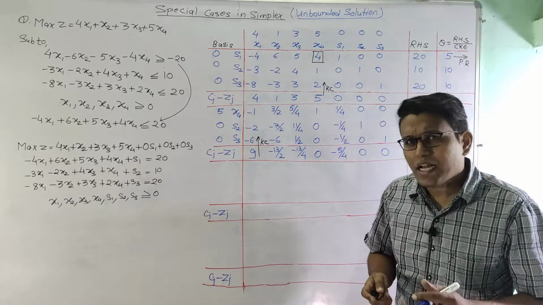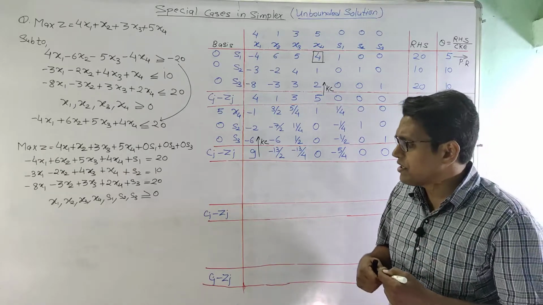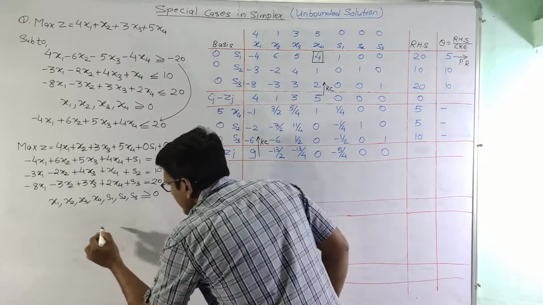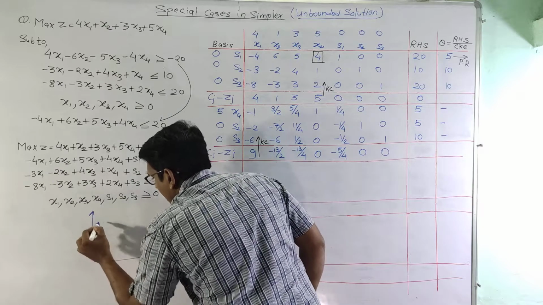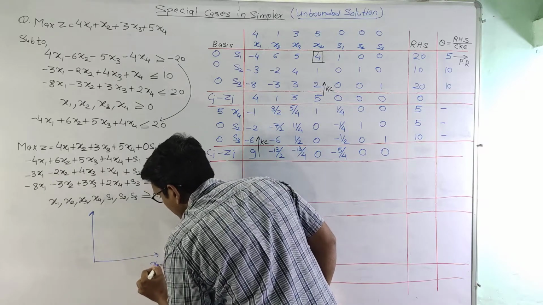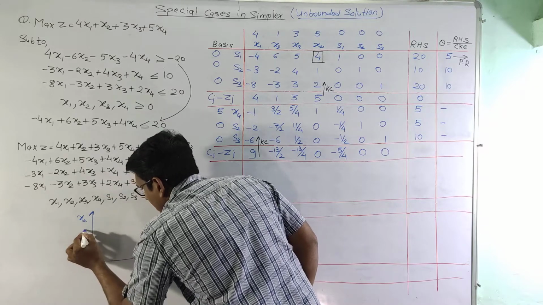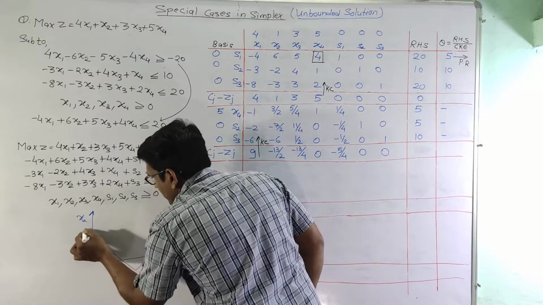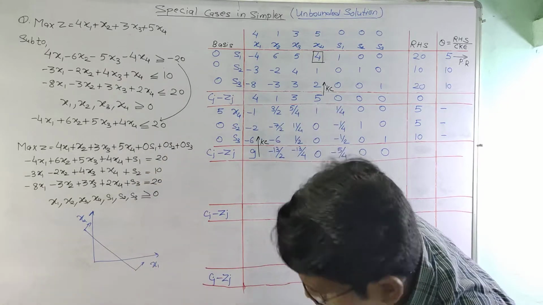Now let us understand this. When we studied the graphical method, we have seen that if I draw a simple graph, and this is x1, this is x2, and let this be any constraint which has a feasible region away from the origin.